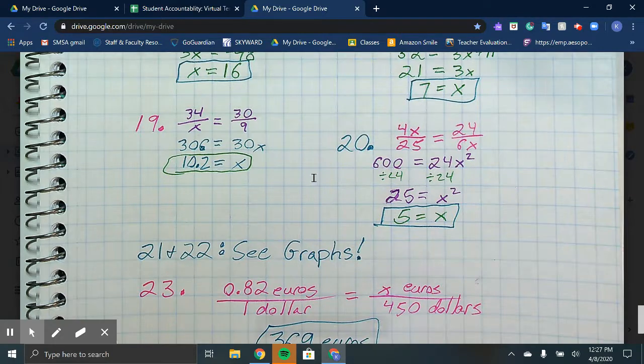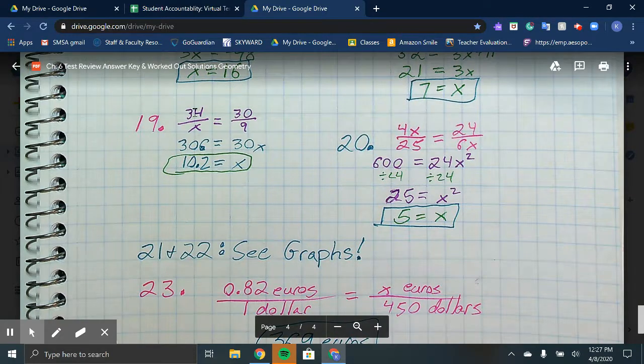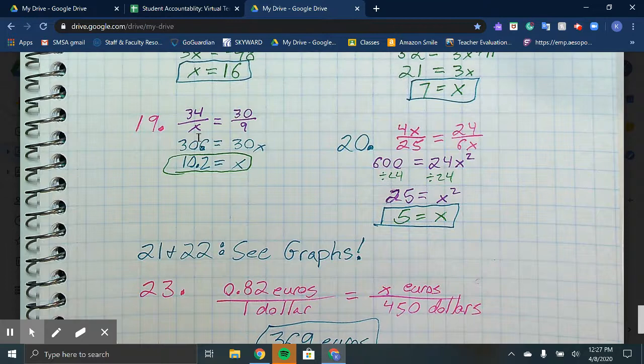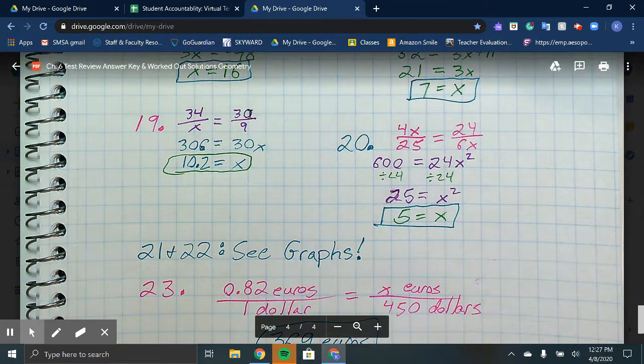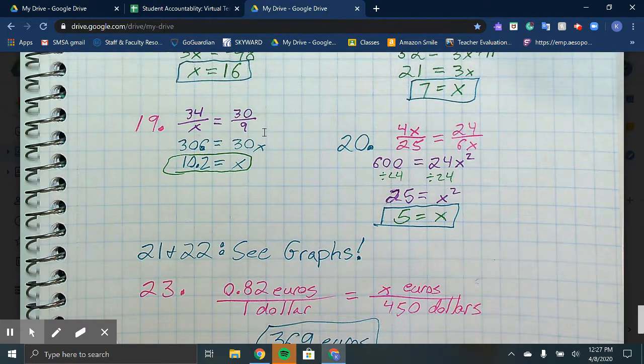19, for that setup on the left-hand side, 34 corresponding with x. And then on the right, 30 with 9, so 34 over x equals 30 over 9. Cross multiply and divide. 306 divided by 30 is 10.2. And then on 20, we have on the left 4x over 25, and on the right 24 over 6x.